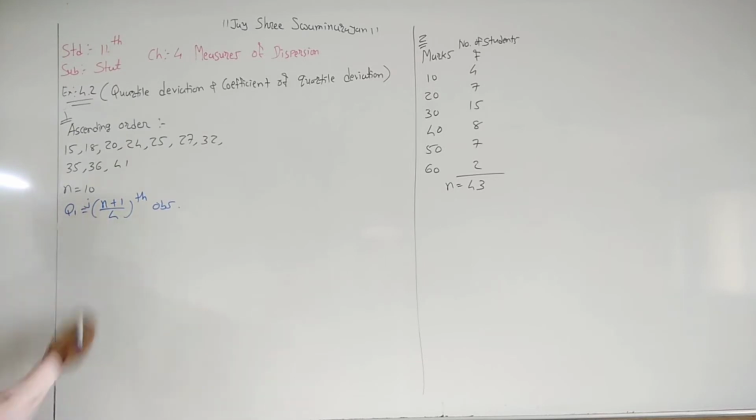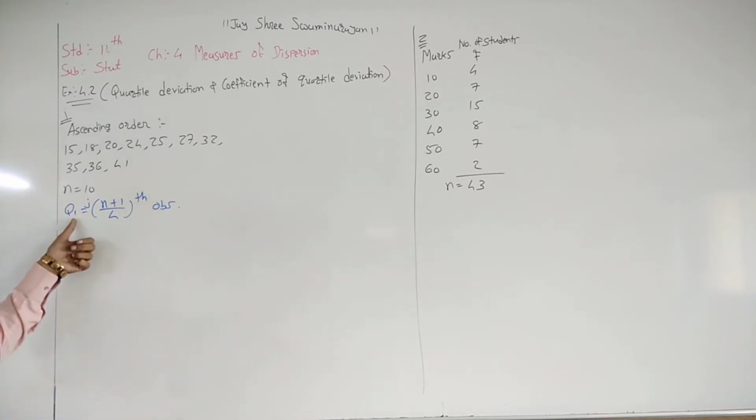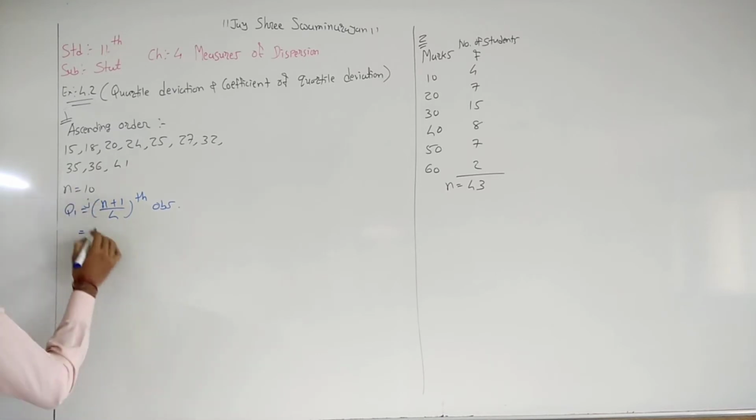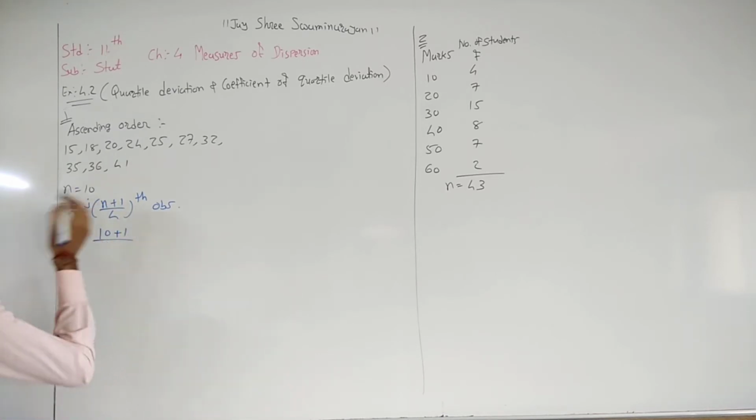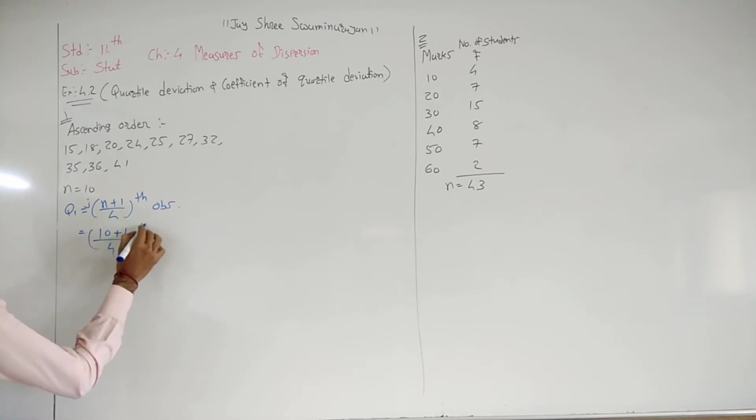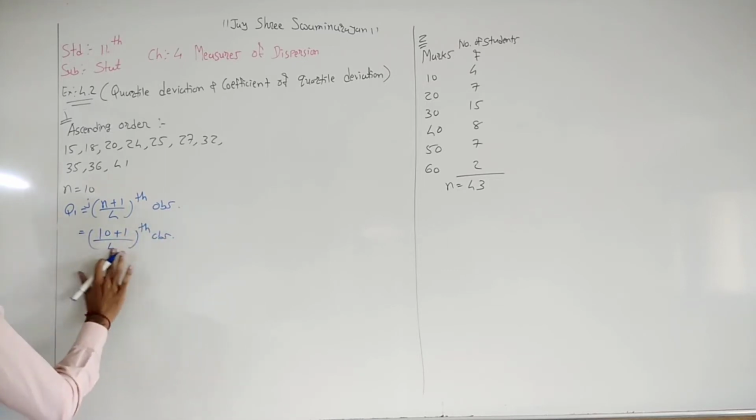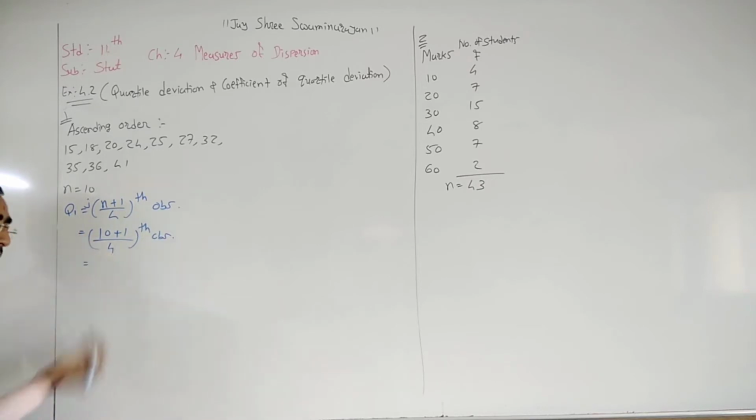Right, here we need to put J, but here right now it is Q1, so here 1. So N is 10 plus 1 divided by 4 observation. So 10 plus 1, 11 by 4. 11 by 4 is 2.75.